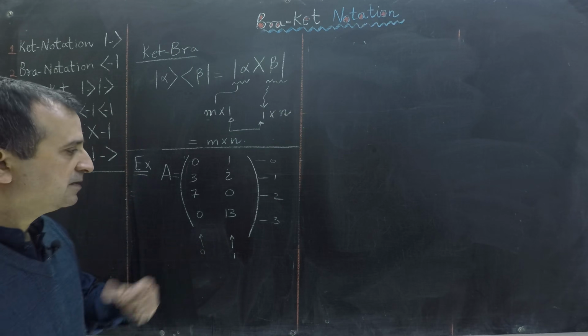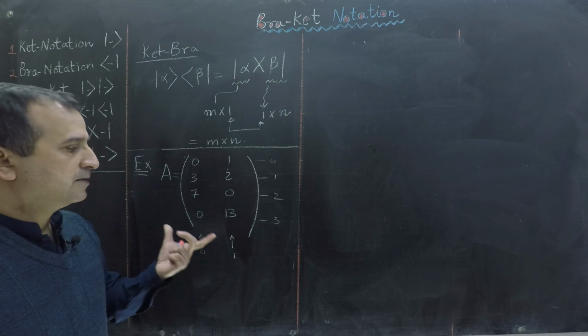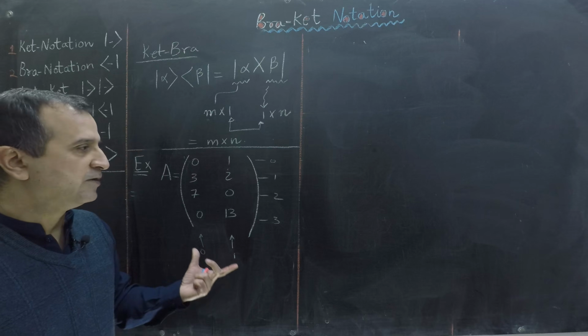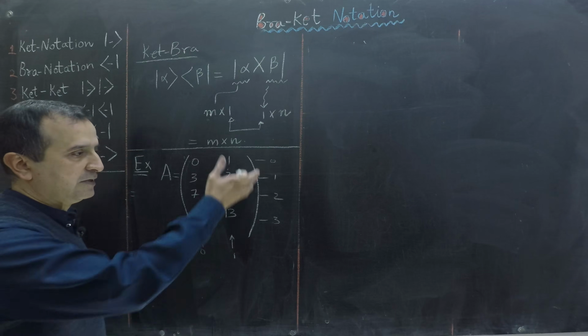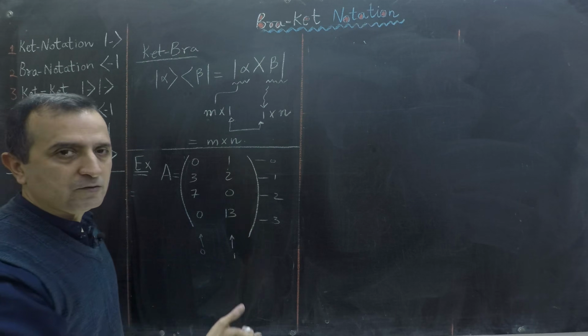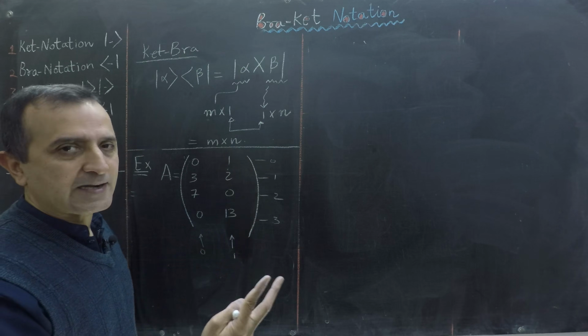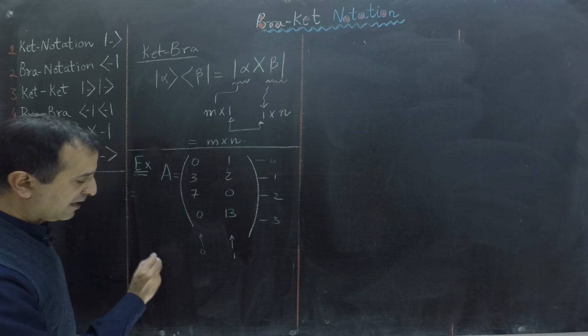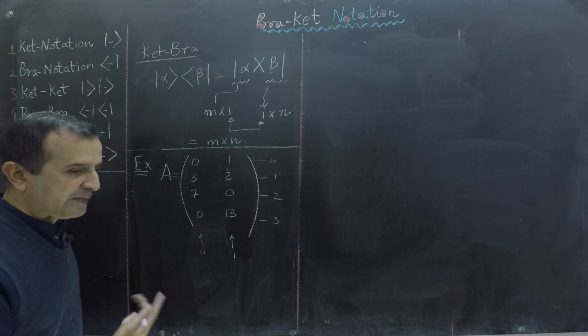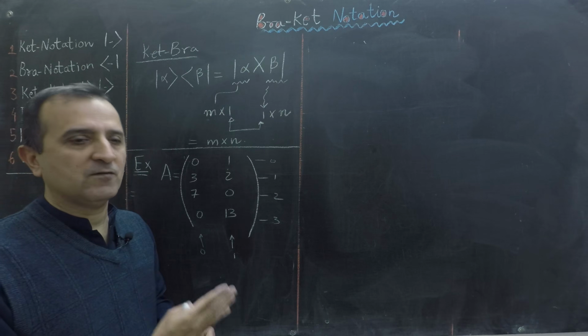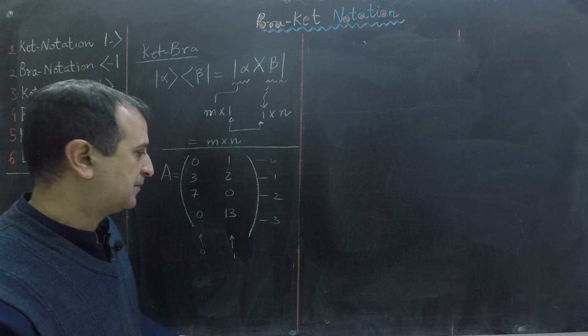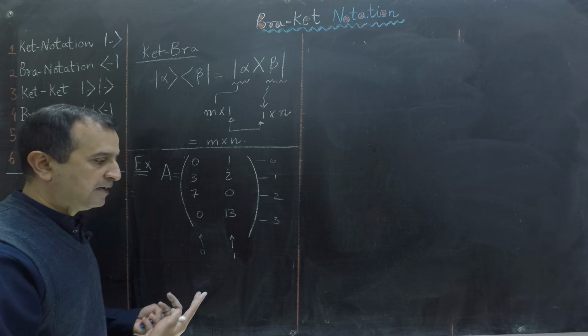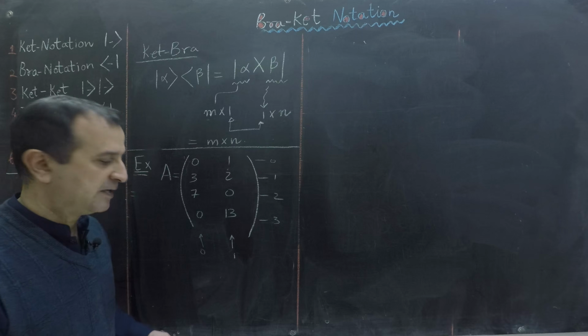So first, how many digits do I need to express my rows? Because I have 4 rows, I need 2 binary digits to express my rows. That means to express rows, I will be using the bases 00, 01, 10, 11. And then how many digits do I need to express columns?